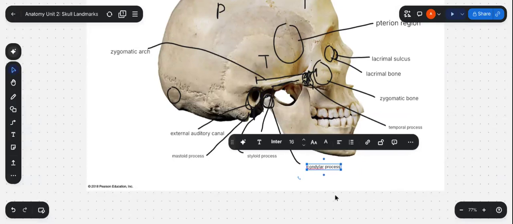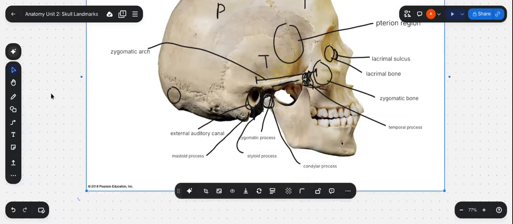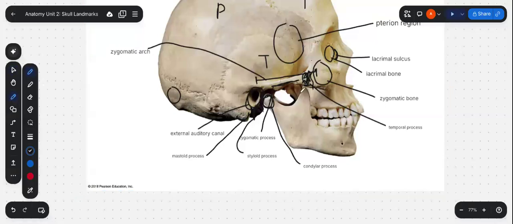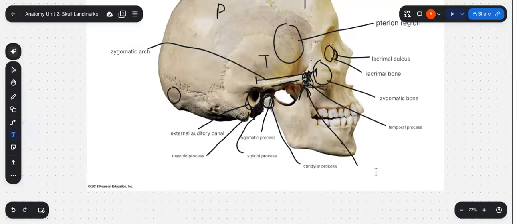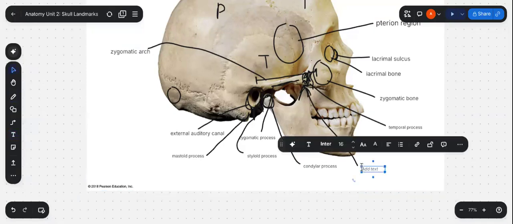Condylar process. And then next we have your coronoid process. The coronoid process is a little bit more pointy. It's over here, this region. So it looks kind of like a triangle, a little bit more pointy. And again, that is your coronoid process.